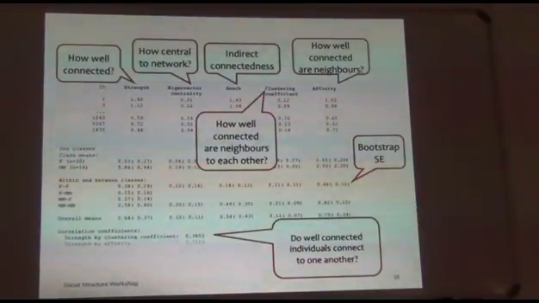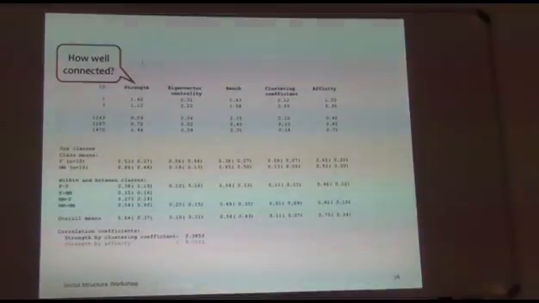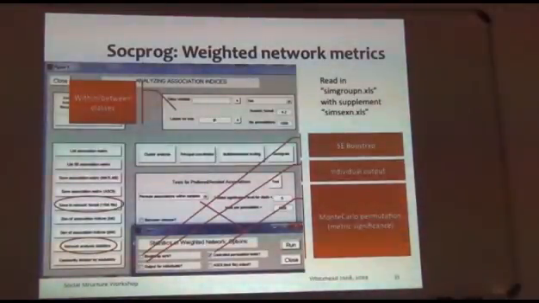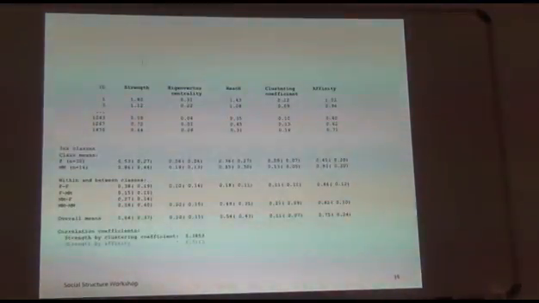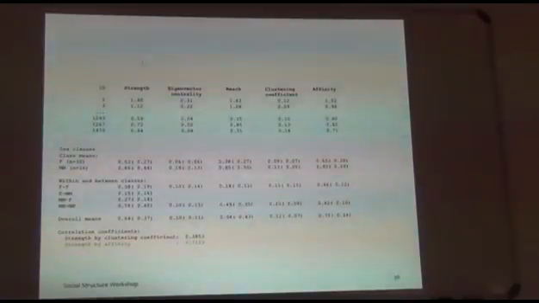I was just wondering how many bootstrap resamplings SocProg does. I wasn't sure. Does it give you the option? I don't know how many. I can look it up for you. At least 100, that's for sure. Or 1,000, probably 1,000. And it doesn't give you the chance to use the jackknife in case you want to.